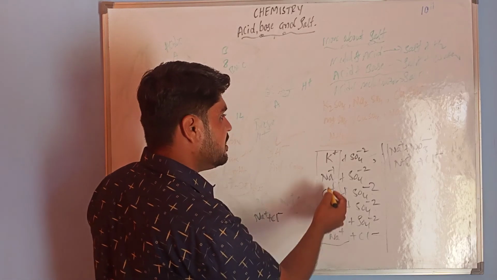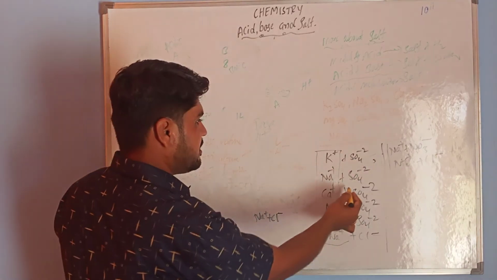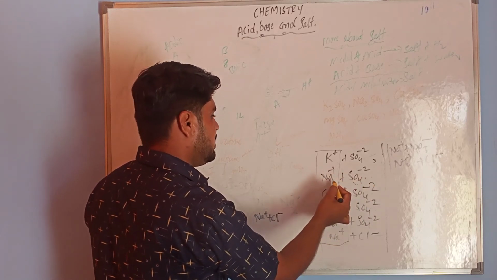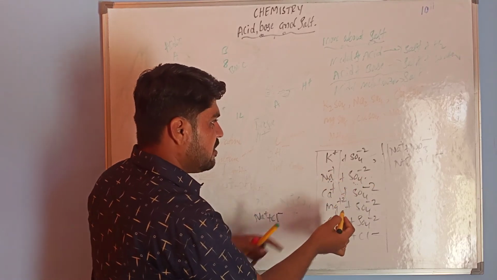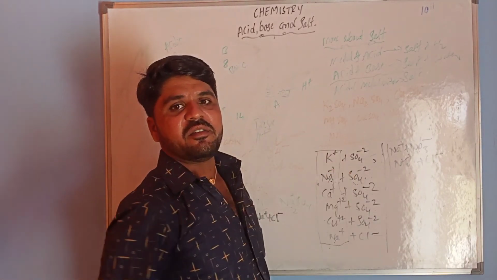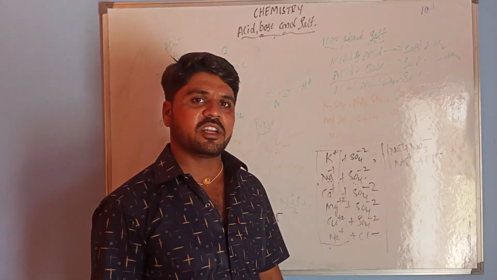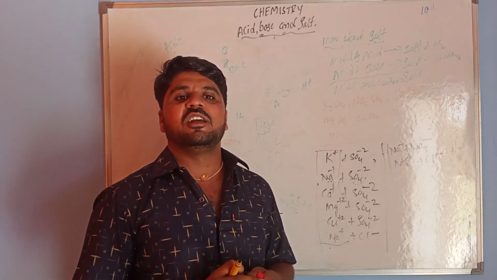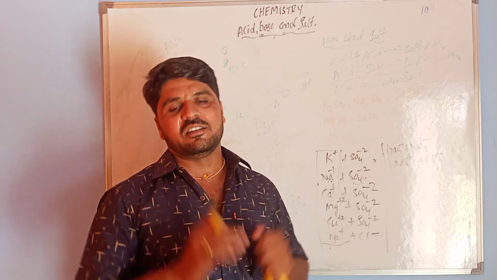Sodium sulfate gives Na plus and SO4 minus 2. Here also we get the sodium ion, and in NaCl also the sodium ion. That's why this is the sodium family. This is all about families of salts.